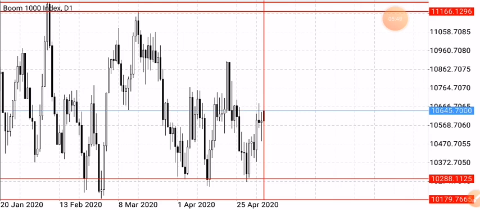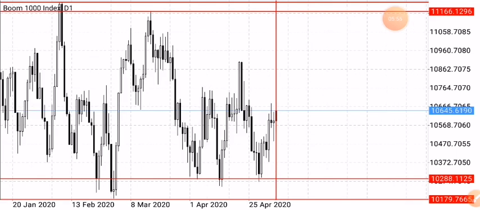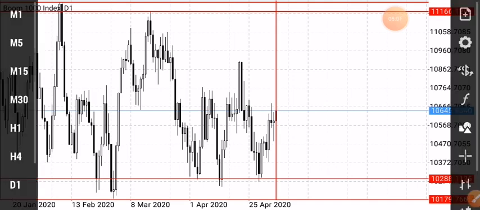That will be what we go through in the next video, but for now we're looking at how to identify the movement of price and where it is going.